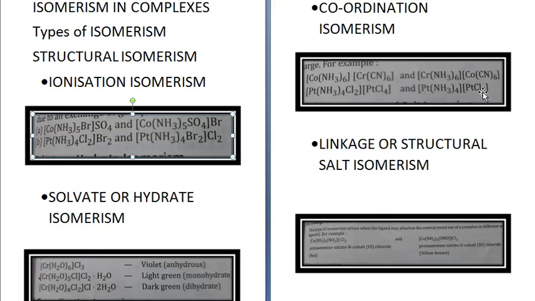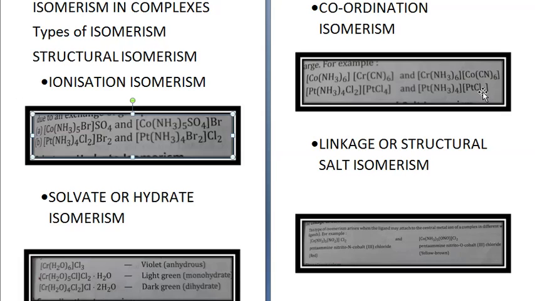The fourth type of structural isomerism is called linkage or structural salt isomerism. It is an isomerism in which a ligand may attach to the central metal ion of the complex in different ways. This is applicable especially for ambident ligands, which can form a coordinate bond through two atoms.